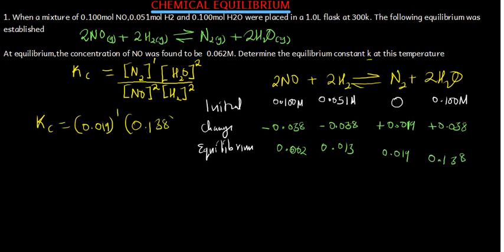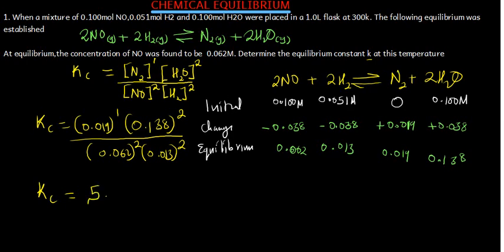It is raised to the power 2, and then divide by the concentration of NO at equilibrium, 0.062, raised to the power 2. The concentration of hydrogen, 0.13, should be raised to the power 2. So our job is just to punch this on the calculator, and that will give you 5.6 times 10 to the power 2.